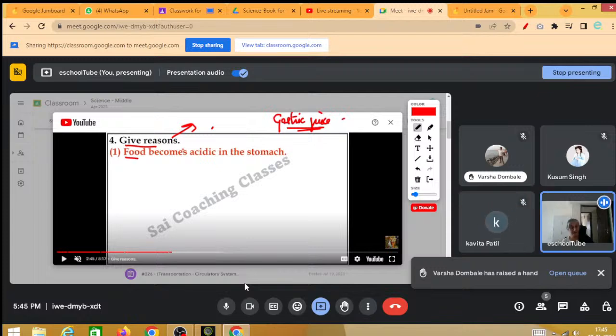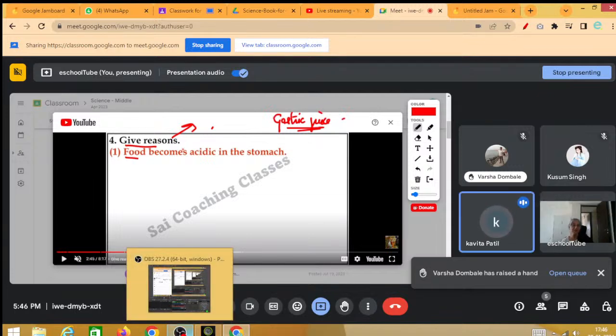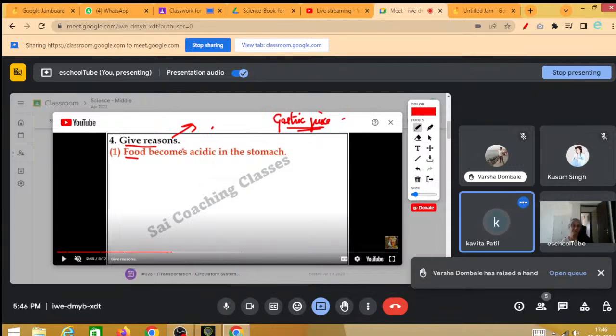Food becomes acidic in the stomach because the stomach contains hydrochloric acid. Make a proper sentence.